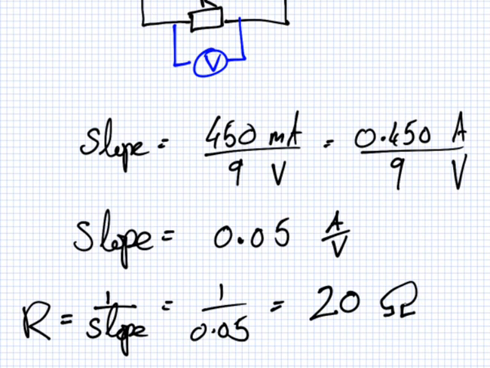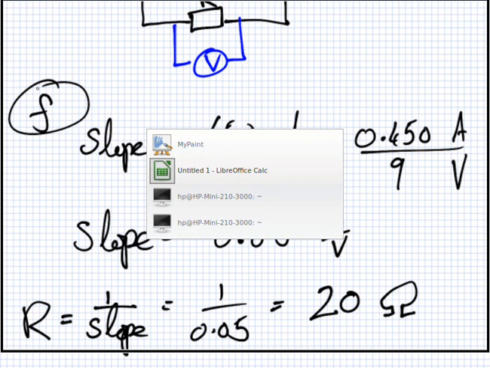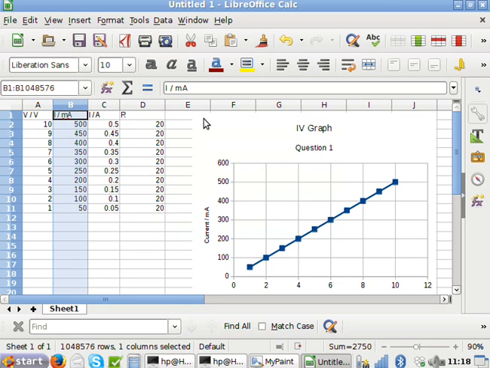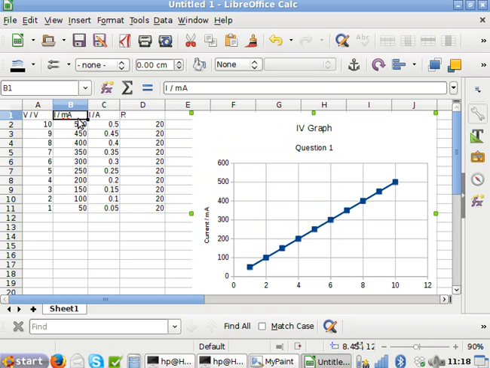So the slope is 450 milliamps divided by 9 volts, which is 0.450 amps divided by 9 volts. What is this number, please? It should be 0.05 amps per volt. Do you remember what the formula for resistance is?